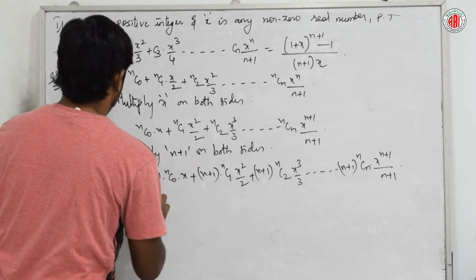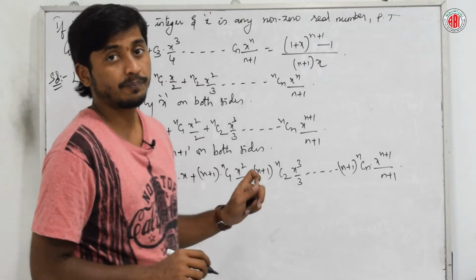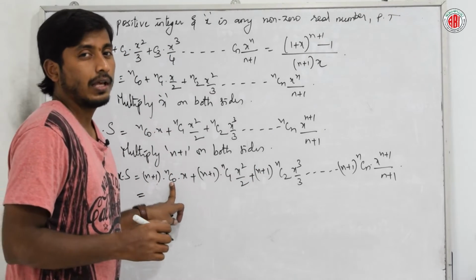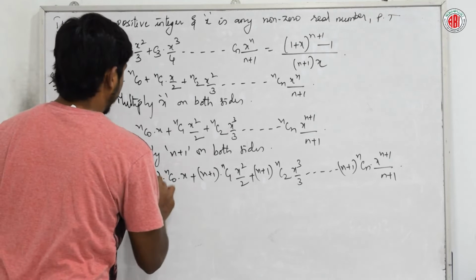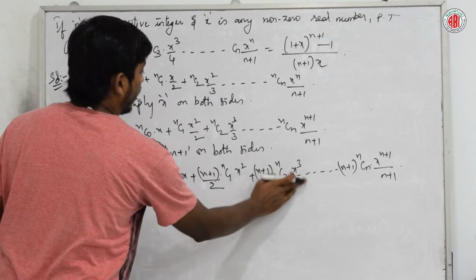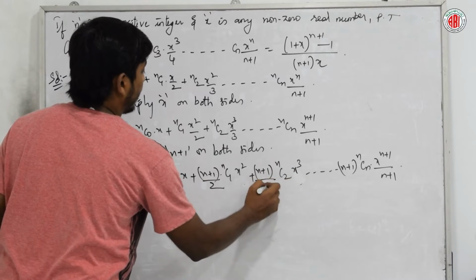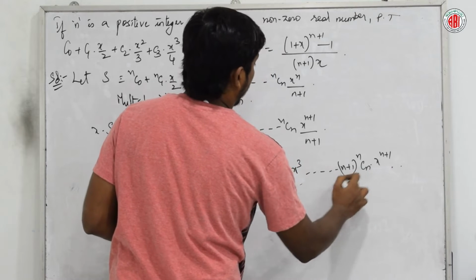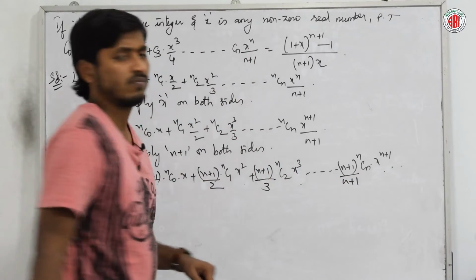So can I write it as n plus 1 by 1, by 2 here, by 3 here, and here also by n plus 1.